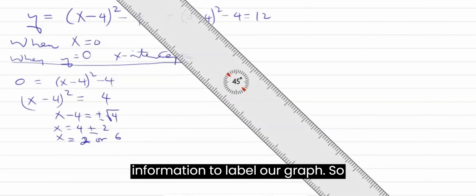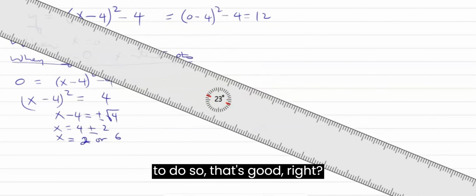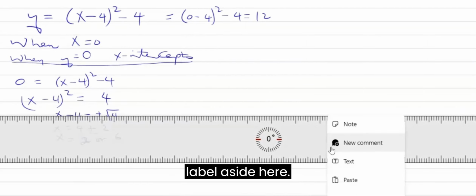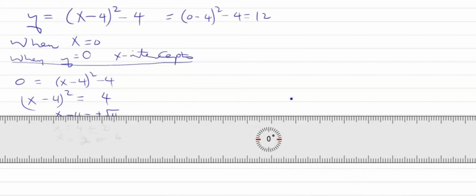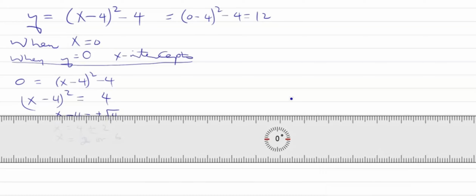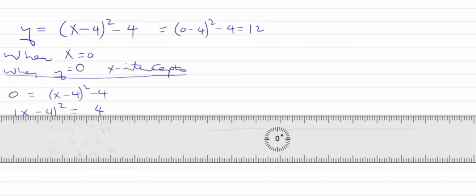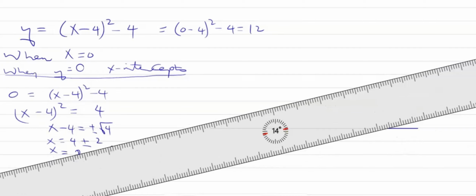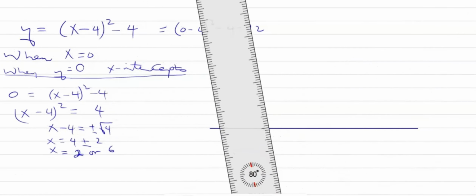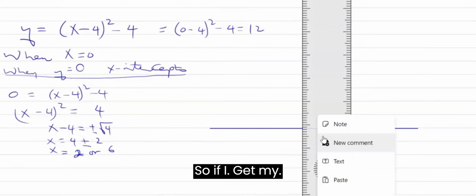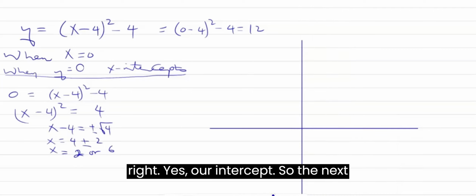We have enough information to label our graph. Let's start here. We have our intercepts.